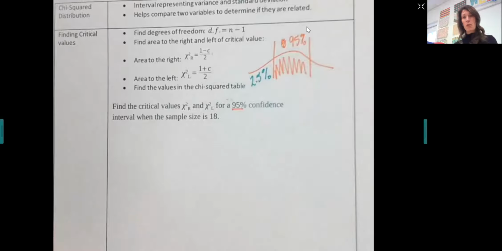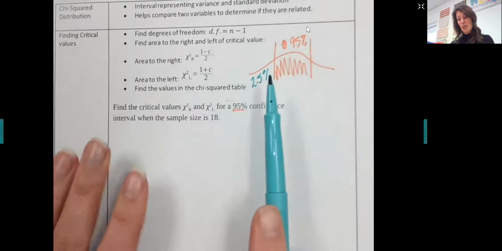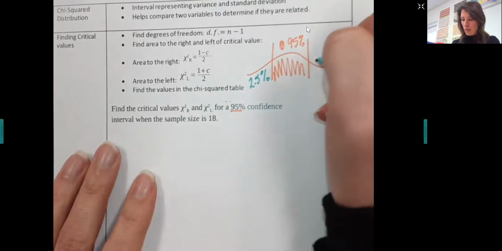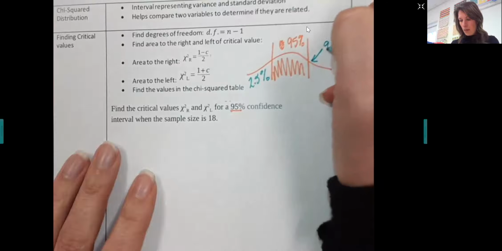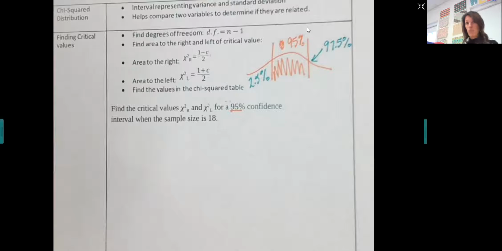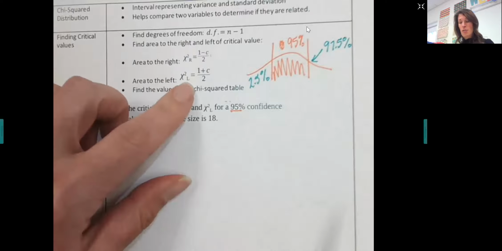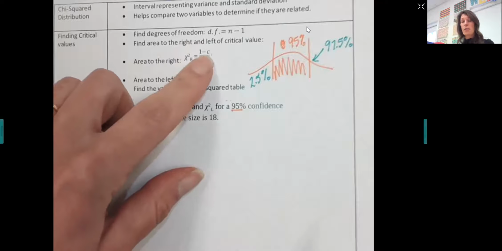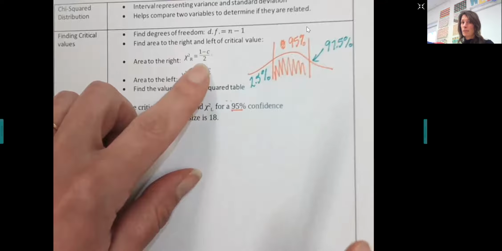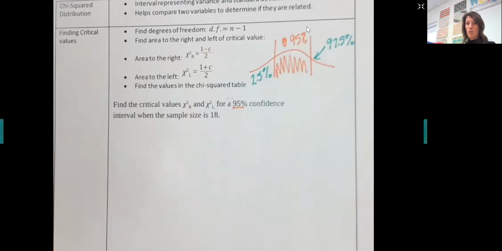We've done this quite a bit with our z-score. And then if I take 2.5% plus 95%, right here is our 97.5%. Hopefully that sounds semi-familiar. That's essentially what this is, where we do 1 minus our confidence, find what's left over, divide by 2. We're going to get those two values. That's how we find it.